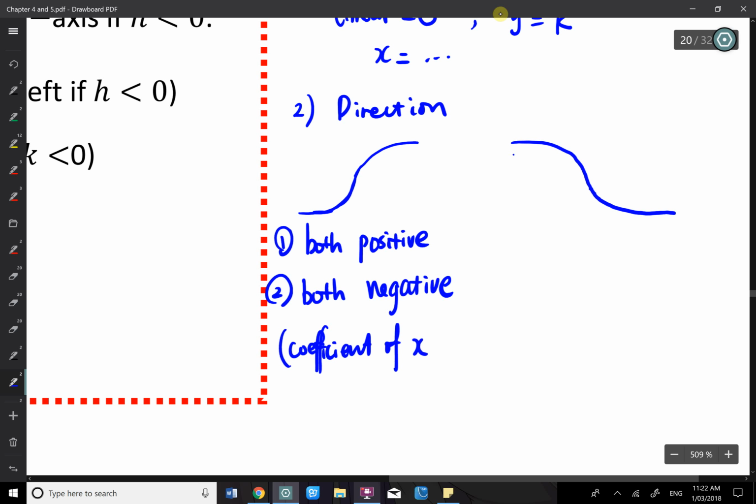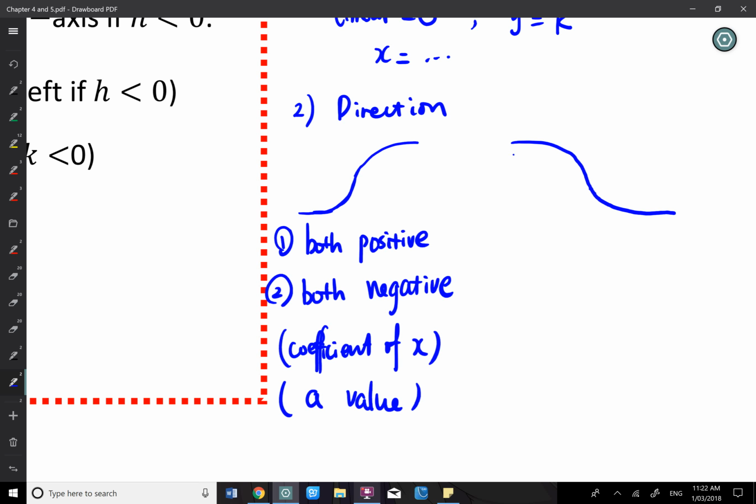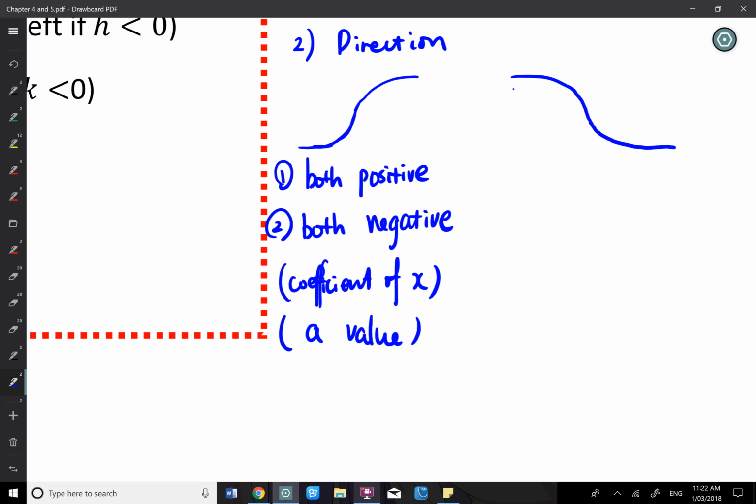and the a value, which is the number it times in front of the cube root. So if they're both positive or both negative, they just have the positive shape.